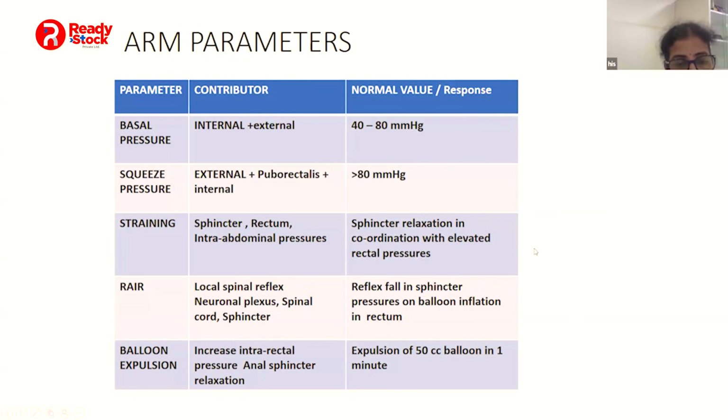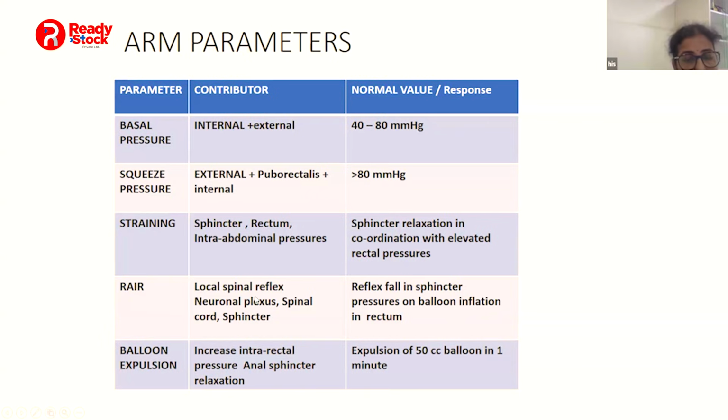Why I'm using these adjectives is, if the anal sphincter relaxes after a prolonged period of contraction, this is not a true or a physiological RAIR, and it has to be looked for again to be sure whether it is present. So when we say an RAIR is absent, it means that there is a paradoxical contraction of the anal sphincter in response to balloon insufflation, which persists, or there is no relaxation of more than 30% from the basal anal sphincter pressures.